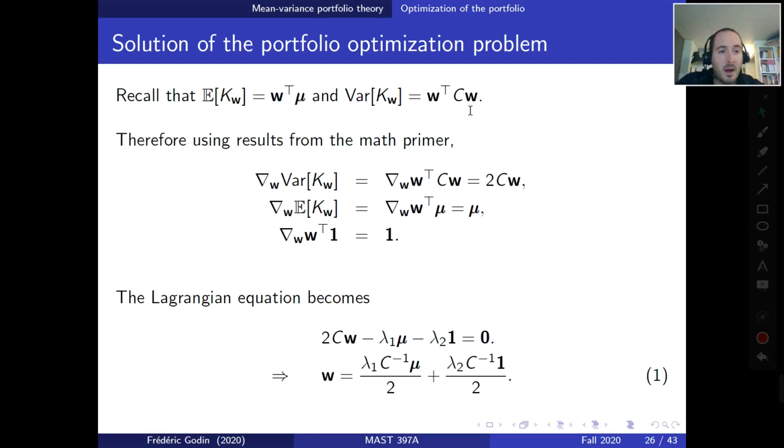Now we're going to apply vector derivative results, which were explained in the math primer.